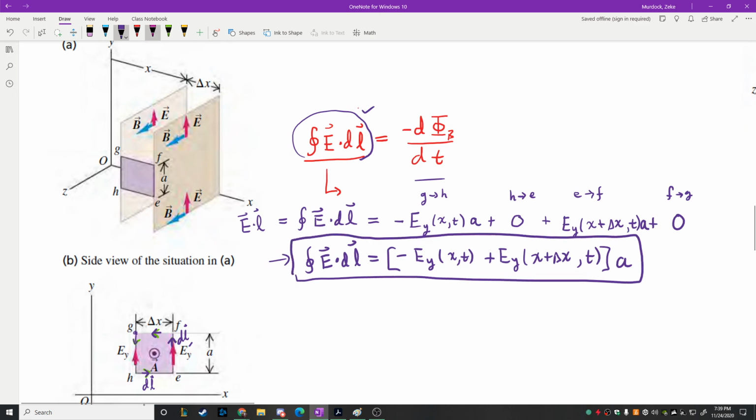So now we need to do the flux. Let's use red for the flux. Now the flux is going to be really easy here.